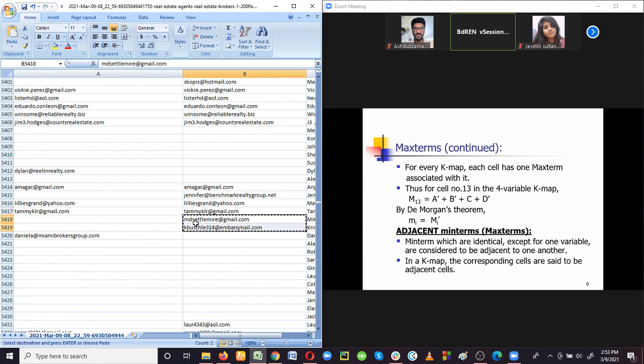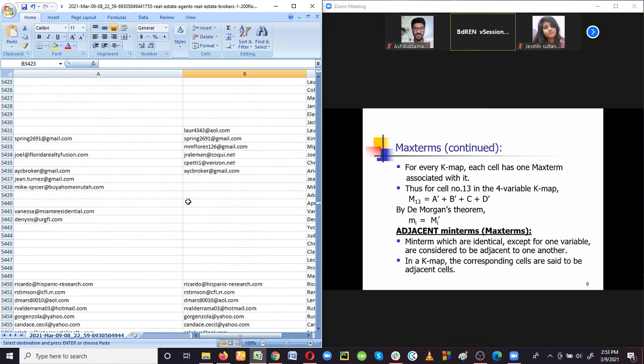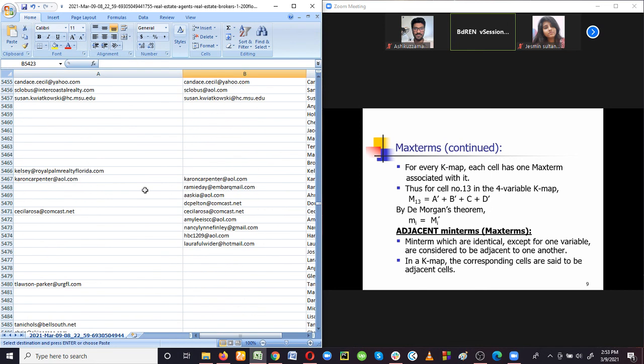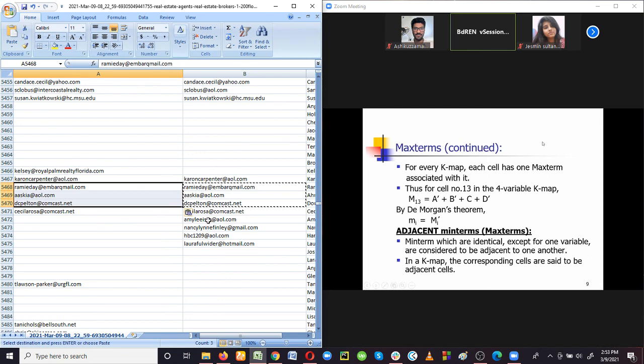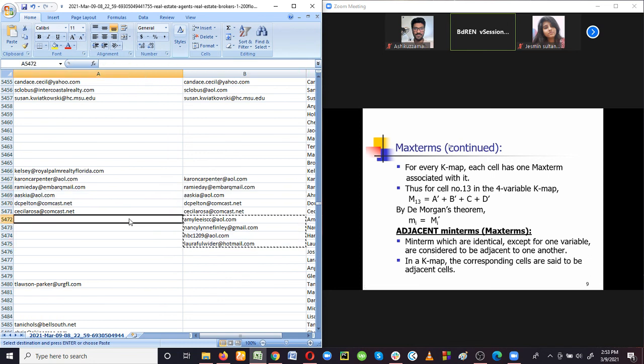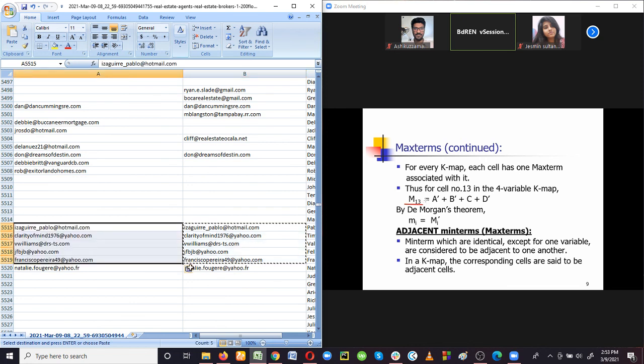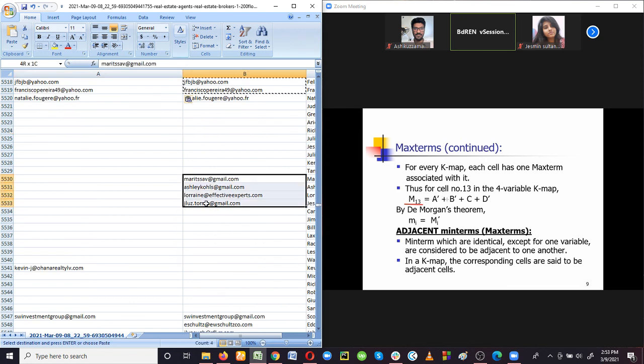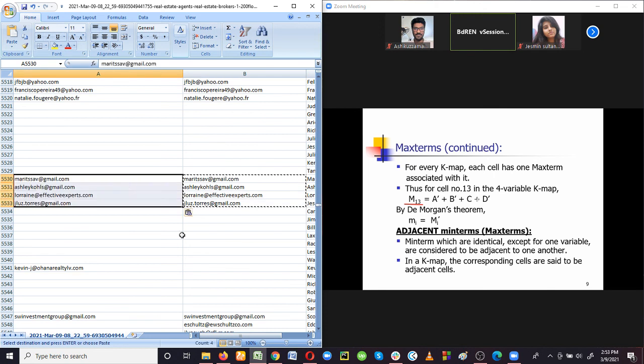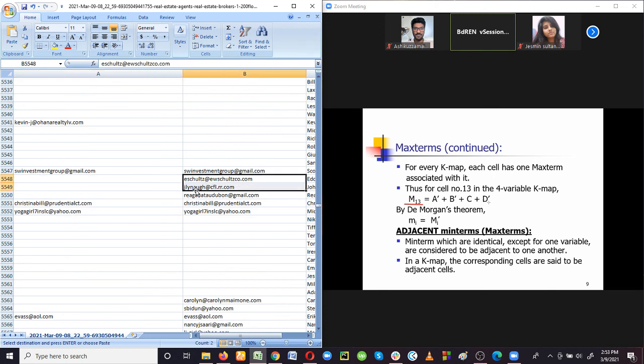Thus, for cell number 13 in the 4 variable K map, max term is denoted by capital M and min term is denoted by small m. So capital M13 is equal to A inverse plus B inverse plus C plus D inverse.